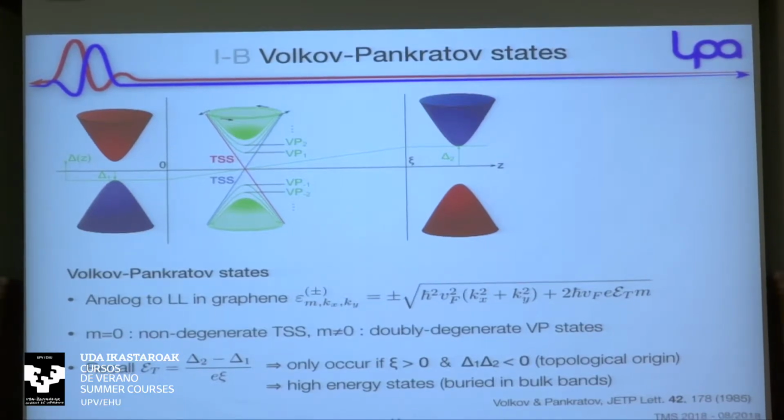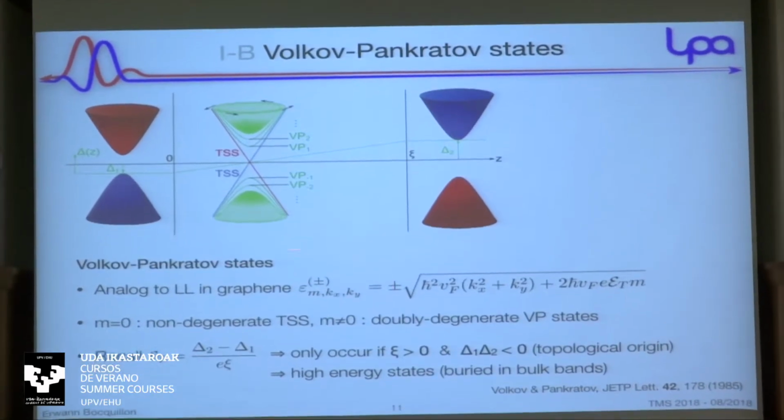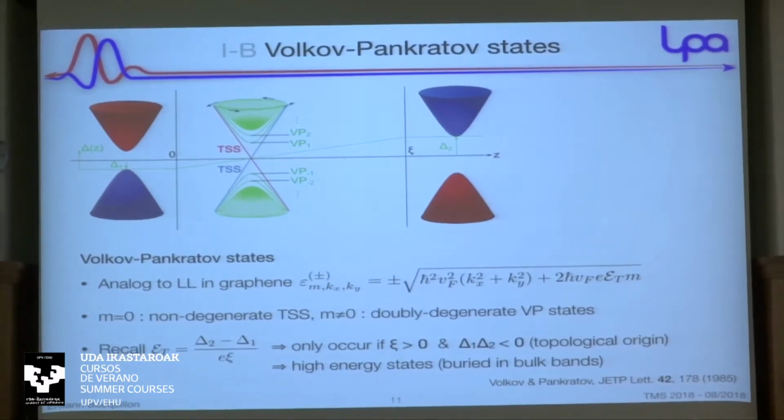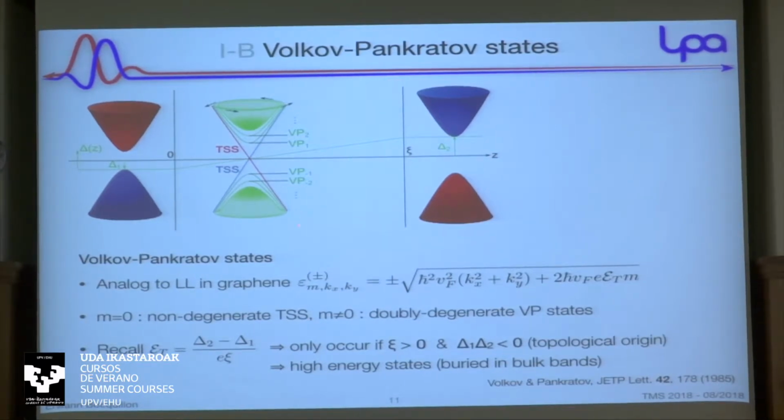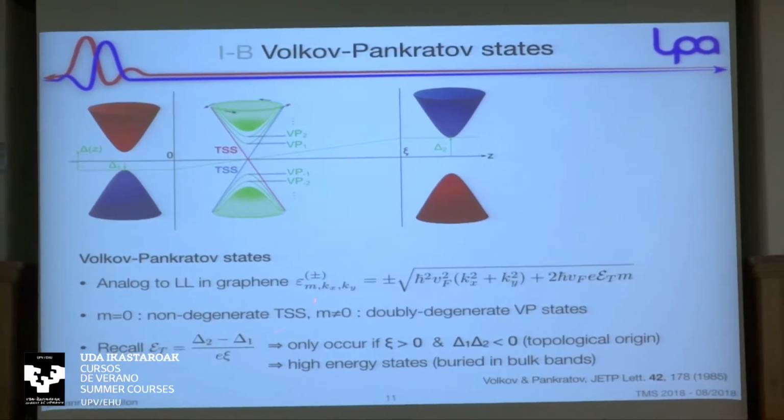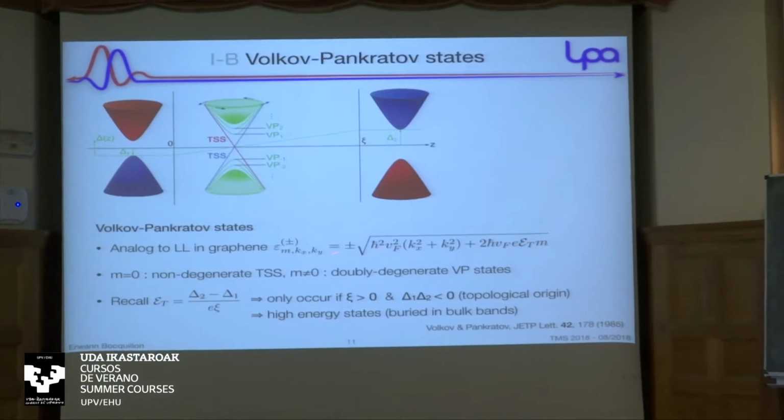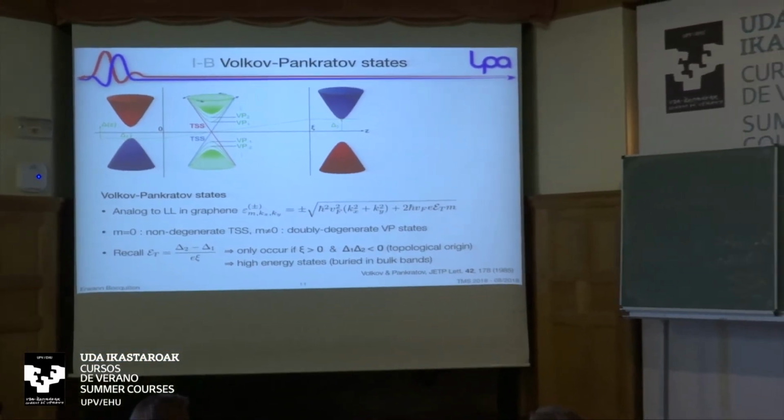In this simple toy model, you can write this analytically and see that they behave just like graphene Landau levels of that form. And you see again that the magnetic field here is given by this critical field that I just introduced. You can also see that the M equals 0 state is a bit special. That's the topological one. It's non-degenerate, while the other ones are doubly degenerate.